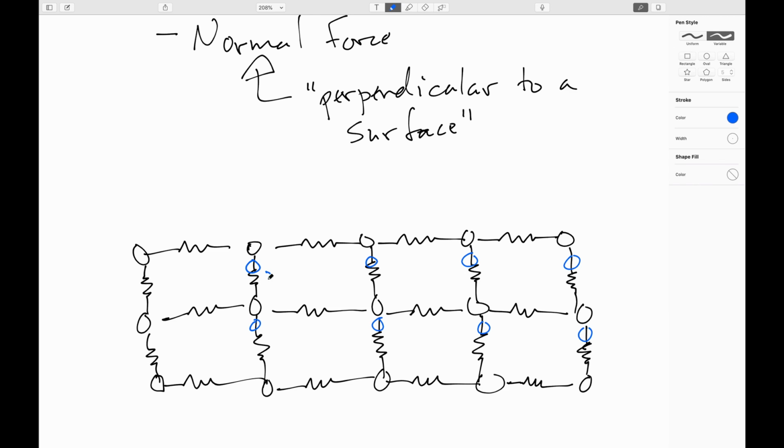This will have the effect of shortening these bonds here and lengthening these bonds here.